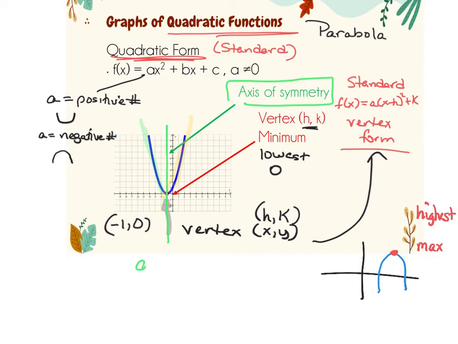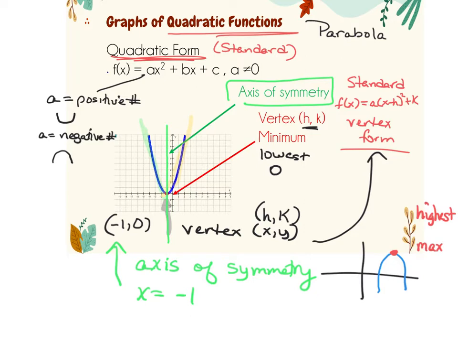This axis of symmetry is an equation because it's a vertical line. And the equation that it takes on is just x equals that number that's in your vertex. It's the x of the vertex, and it's x equals, because it's a vertical line. So these are the parts of the parabola.